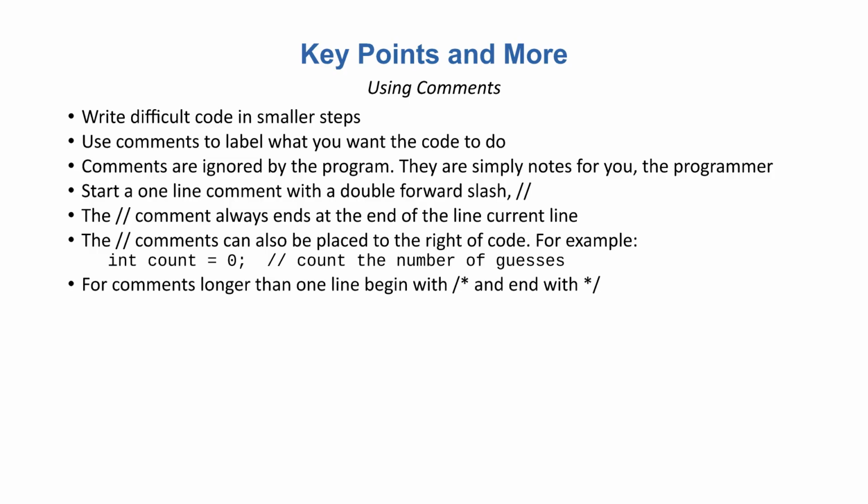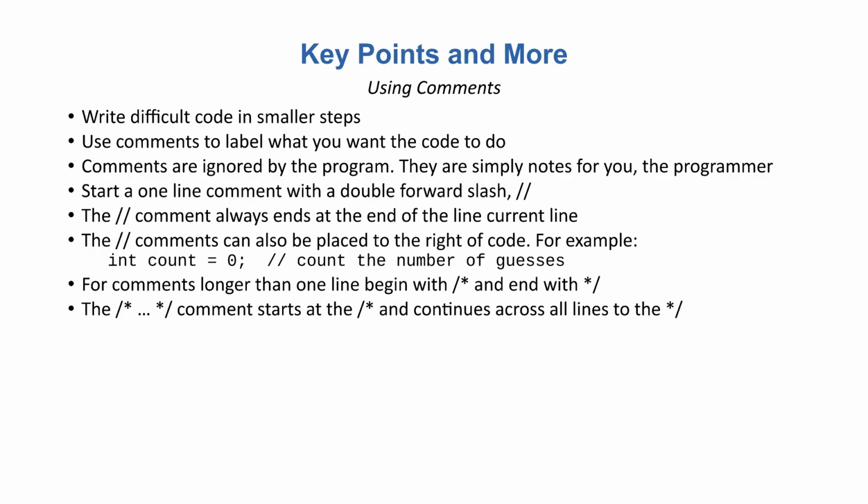To mark the beginning of a comment that crosses lines, use a slash followed by an asterisk, and mark the end of the comment with an asterisk followed by a slash. The asterisk form of comment starts at the slash-asterisk and continues across all lines to the asterisk-slash.